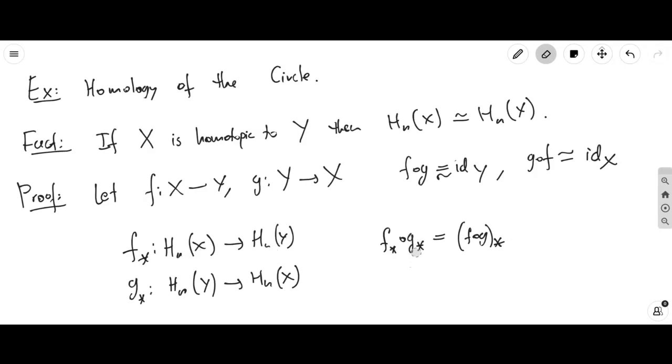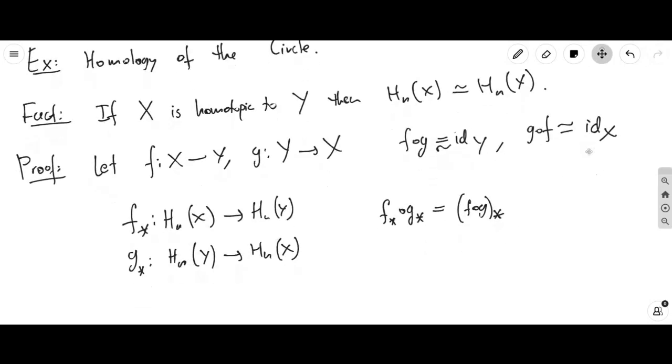So the composition of the induced homomorphisms is the induced homomorphism of the composition. This is just the fact that the homology functor respects commutative diagrams, right? That's basically what we're saying.